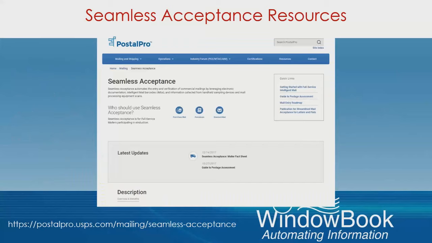Now, as I've mentioned earlier, there are many Postal Service resources available to access more information about seamless acceptance. We definitely encourage you to take advantage of this. The Postal Pro website includes a virtual laundry list of guides and fact sheets, videos, and so forth. So please do take advantage of these resources and become familiar with this information.